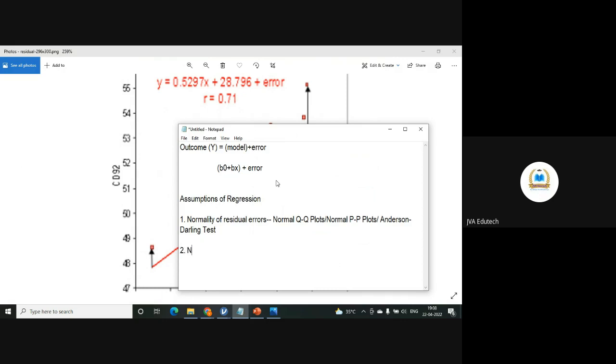Second, there should be no heteroscedasticity; homoscedasticity should be there. This is tested through Levene's test of homogeneity of variances. Third one is no autocorrelation, tested through Durbin-Watson.